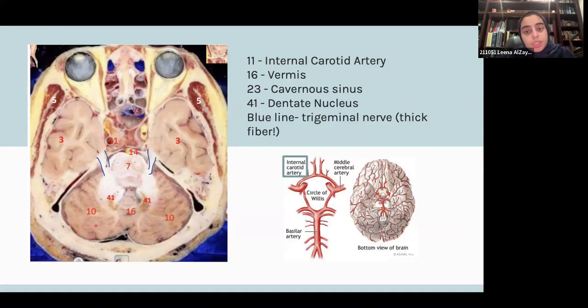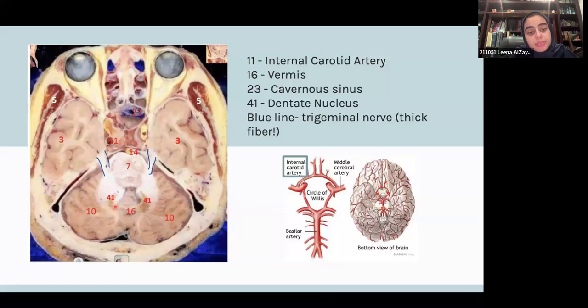As we know, number 10 is the cerebral hemisphere. And in the cerebellar hemisphere, what's the middle part that divides the two hemispheres? We know the meninges, but in terms of part of the actual cerebellum, it's the vermis, what's in the middle, right? Number 16 is actually the vermis of the cerebellum.